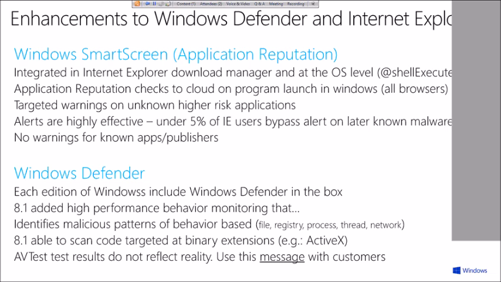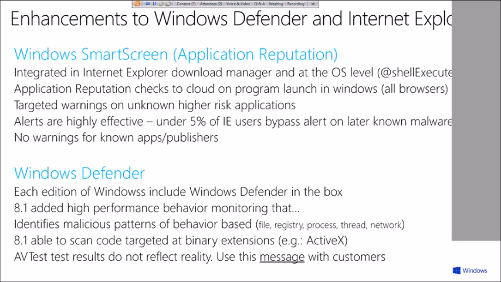And what engineering decided is we take SmartScreen out of IE, and we make it part of the operating system layer itself. So now it is part of the operating system, and any browser, anything which goes from the internet can make use of it.